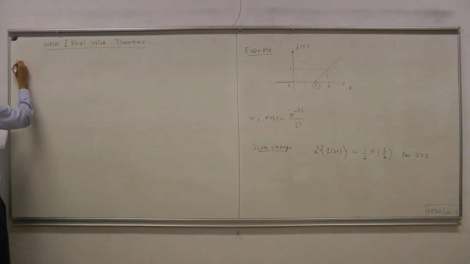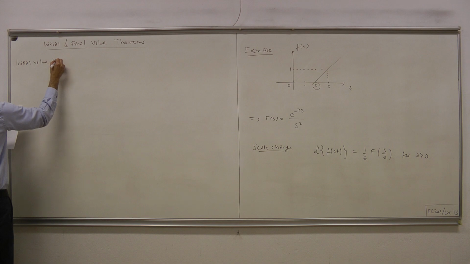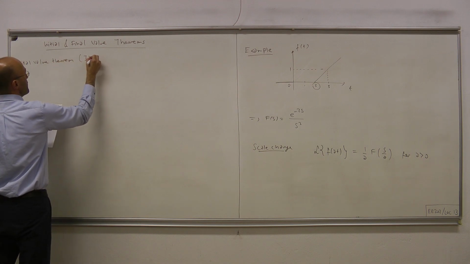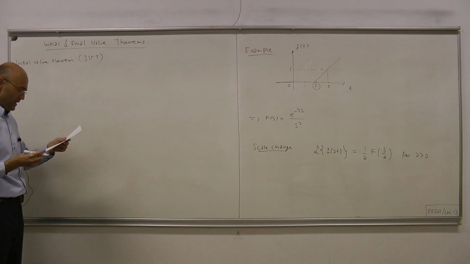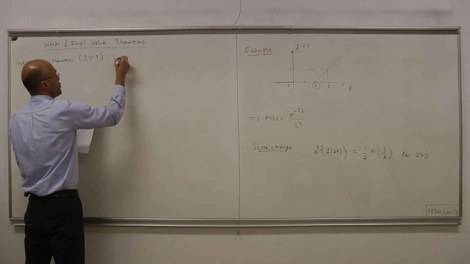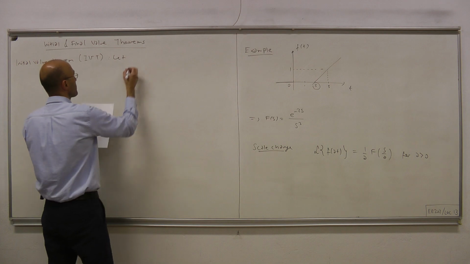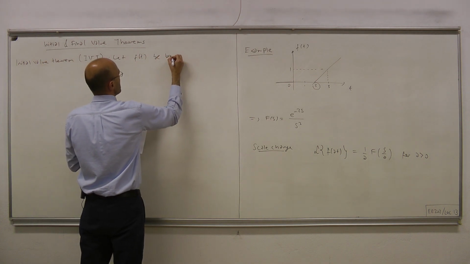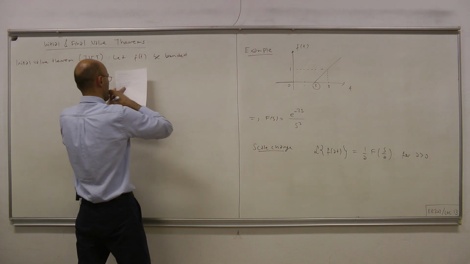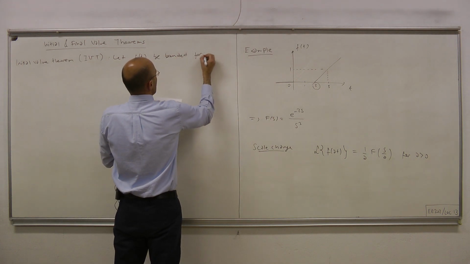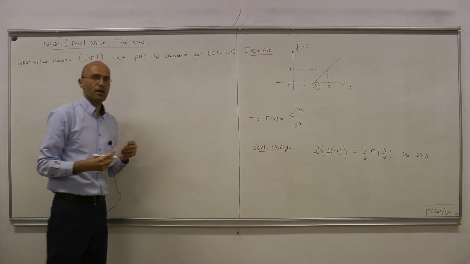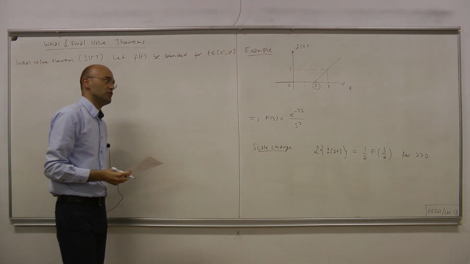First is the initial value theorem, sometimes abbreviated as IVT. We assume that f of t is bounded for t from 0 minus to 0 plus. So it's bounded around 0.